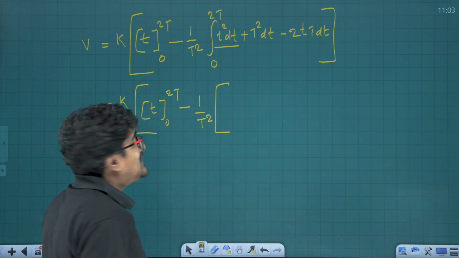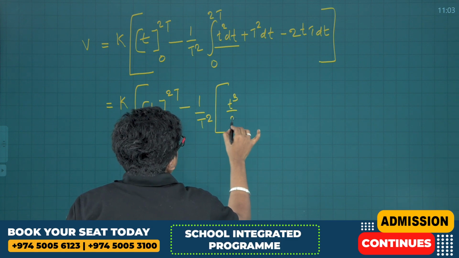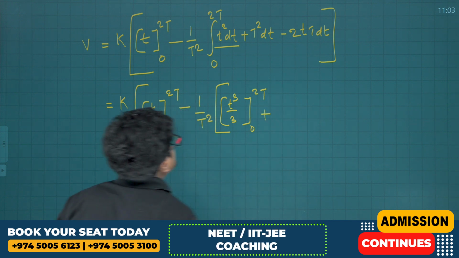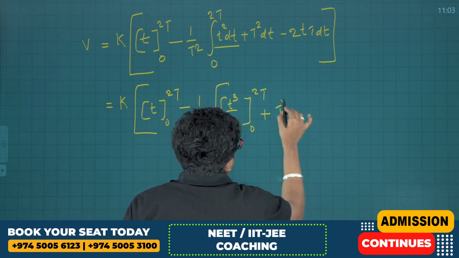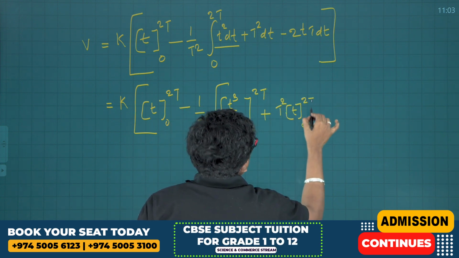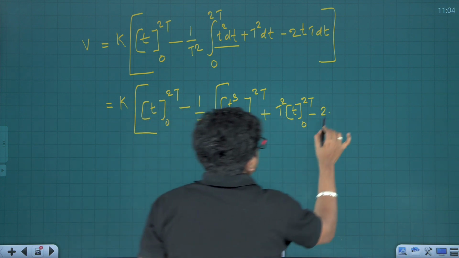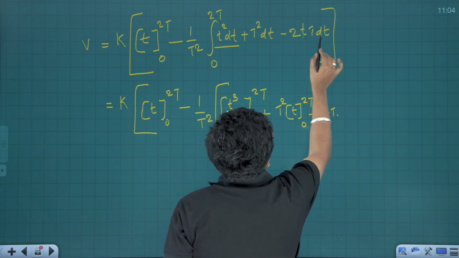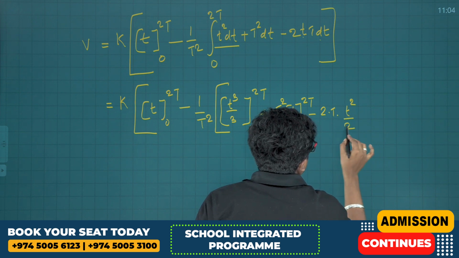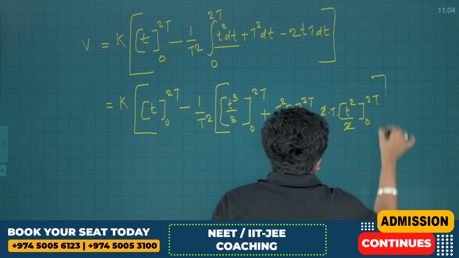Here this is going to be small letter t cube by 3 between the limits 0 to 2t plus capital T square into integral of small letter t, again between the limits 0 to 2t, minus 2 into capital T into t dt. Integral of small letter t into dt is going to be t square by 2. This one and this one will cancel between the limits again 0 to 2t.